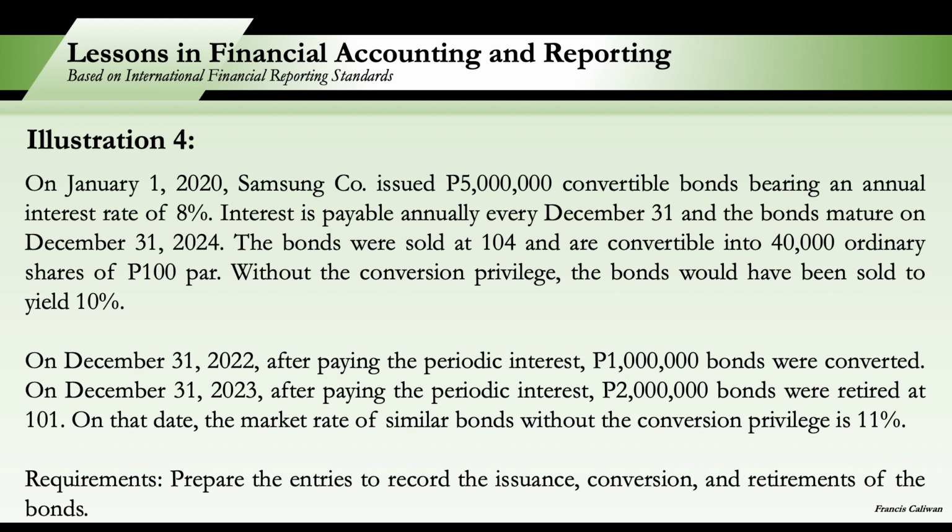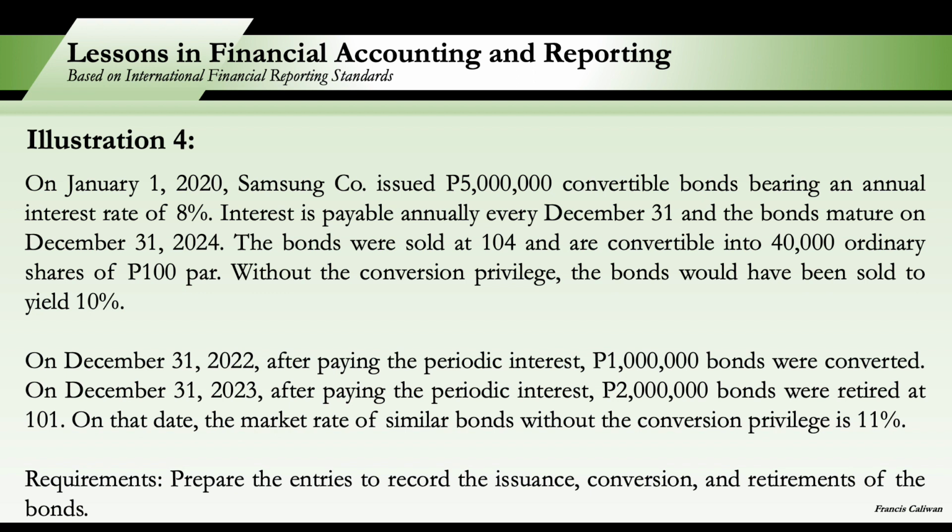On that date, the market rate of similar bonds without the conversion privilege is 11%. As you can remember in our discussion in the previous slides, if the bonds are retired, the retirement price will be allocated between the liability component and the equity component.